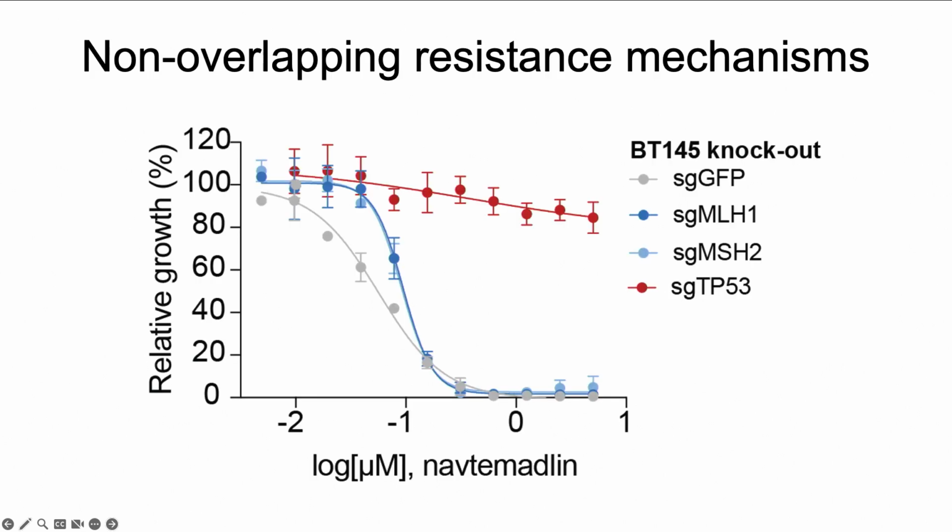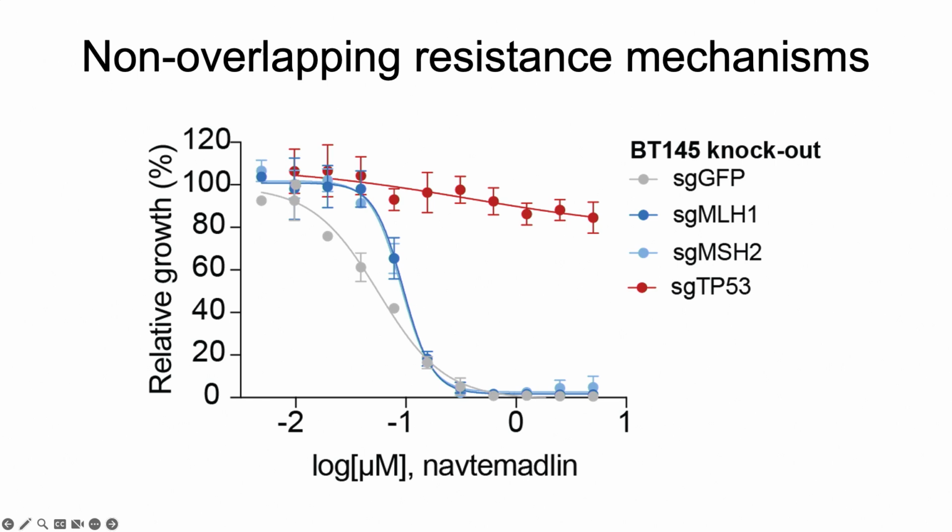We also found that these two agents had non-overlapping resistance mechanisms, meaning that cells that had gained resistance to temozolomide were not resistant to naftamadlin. The main resistance mechanism to temozolomide is loss of mismatch repair.